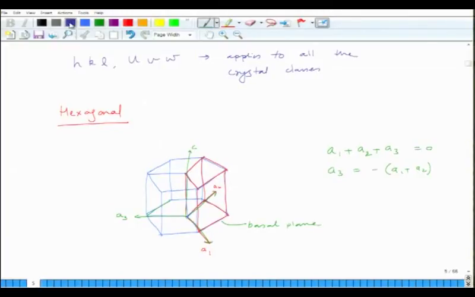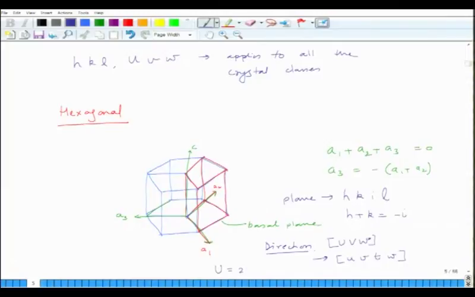So, we define a new system: instead of the 3 axis HKL system we take HKIL, where for the plane H plus K is equal to minus I. For the direction, if I have the 3 index system U, V, W, then that can be written as U, V, T, W, where one can prove it vectorially.